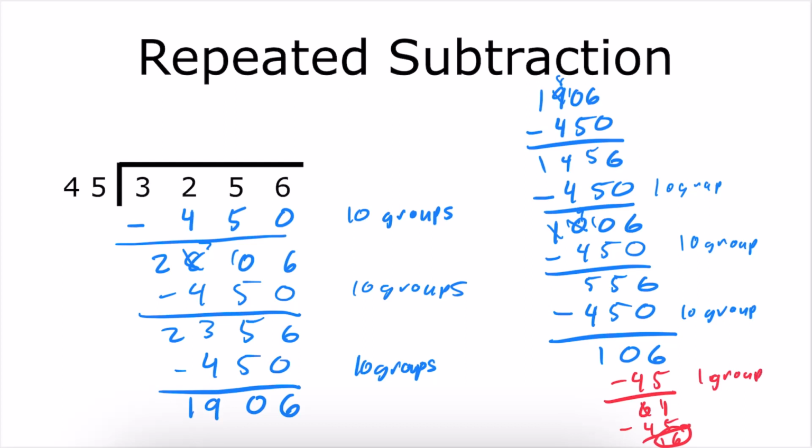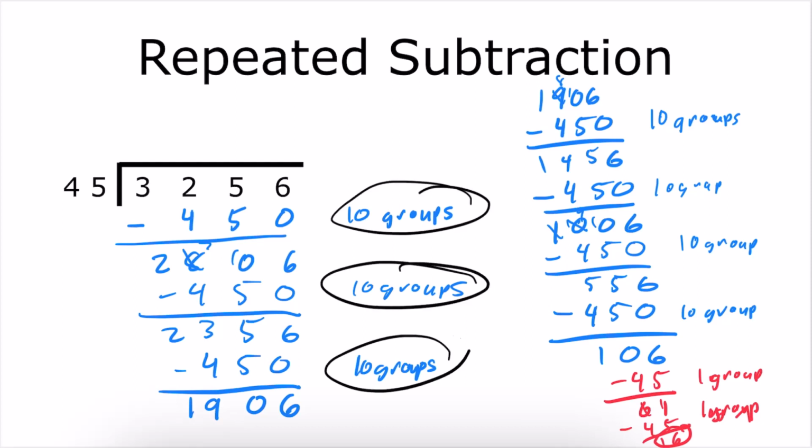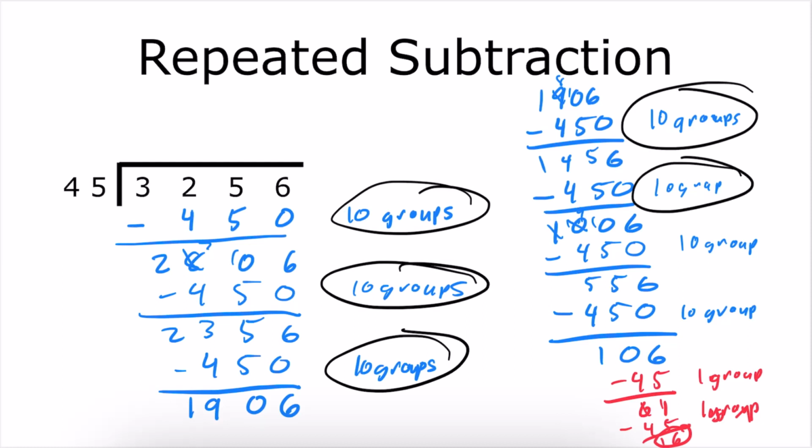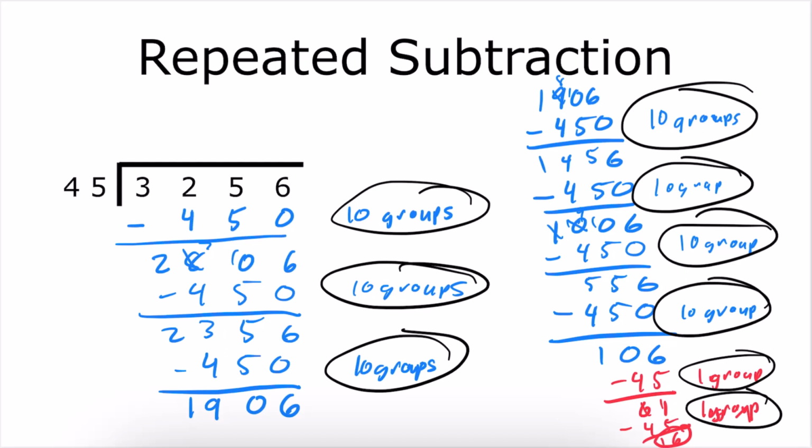And I should have written this as I was going. But basically, these two steps of subtraction were one group of 45, and all of these other 450s were 10 groups. And so the way that I figure out my answer to 3,256 divided by 45 is I say, okay, well, I had enough to make 10, 20, 30, 40, 50, 60, 70, 2 groups of 45.